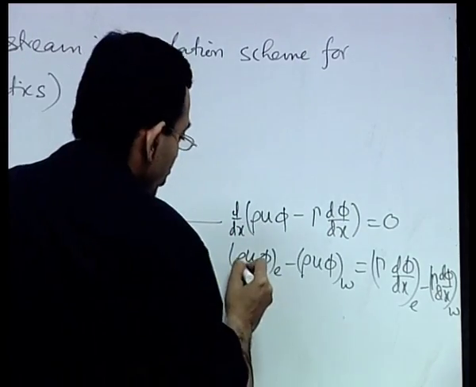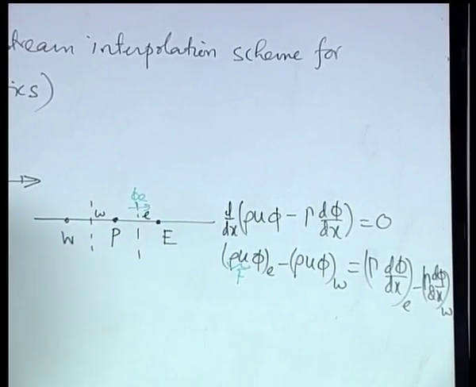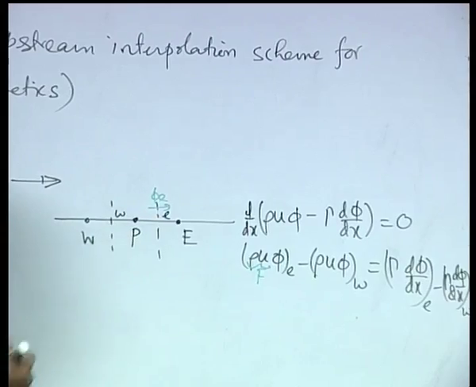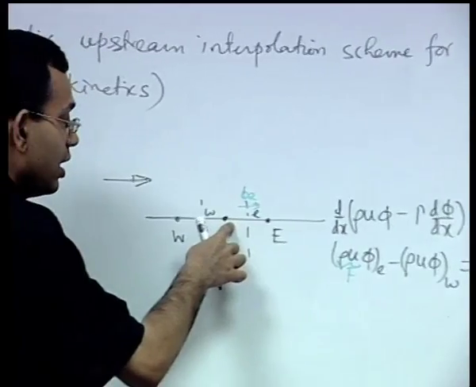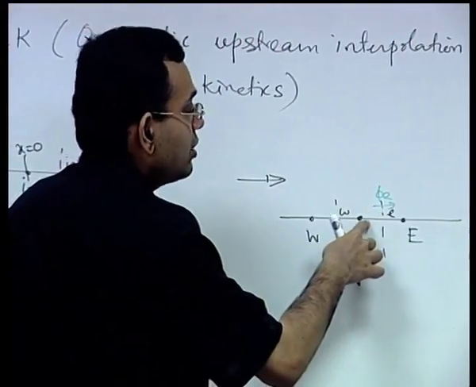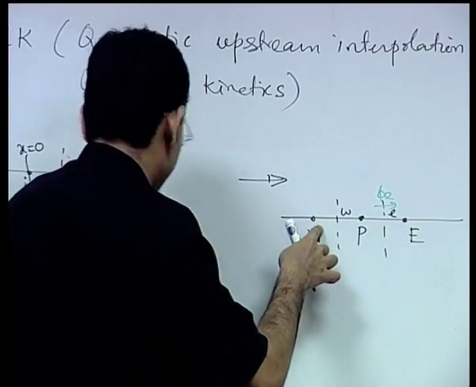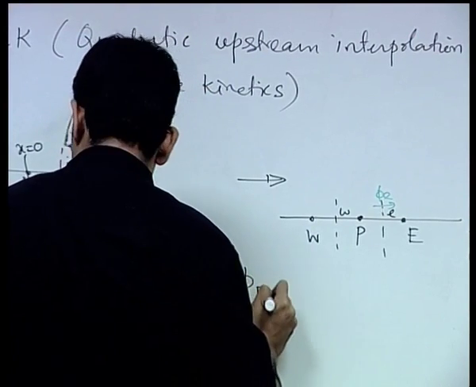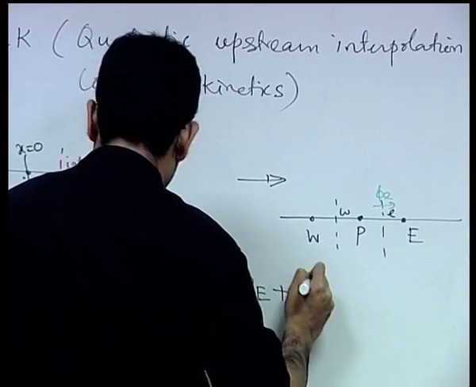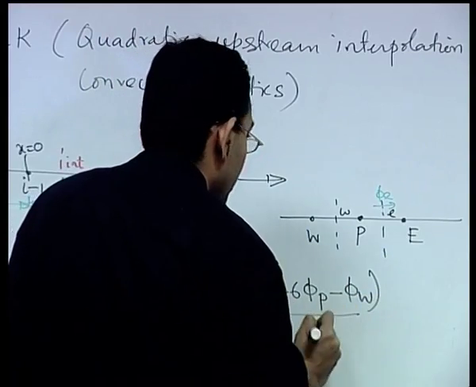Remember rho into u equal to f. So the first term is f e into phi at small e. So with respect to small e, I minus 1 is P, I is E and I minus 2 is W.